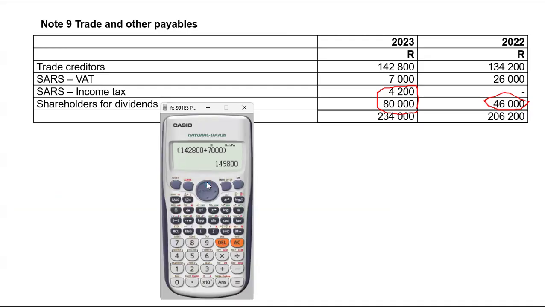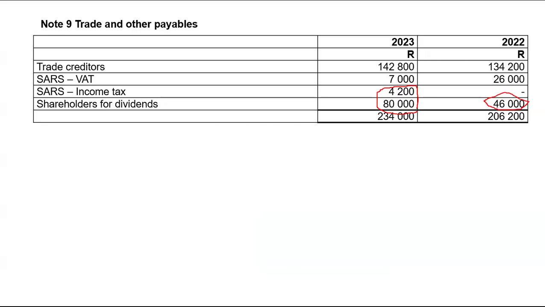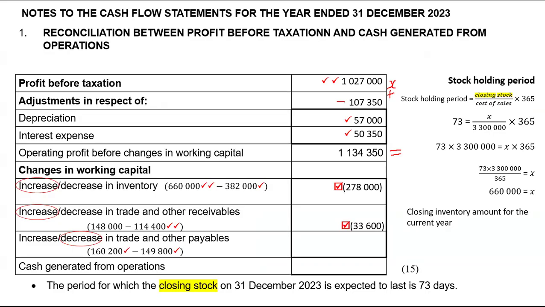So I took 142,800 plus 7,000. It gave me 149,800. That's good. And what is 132,200 plus 26,000? 134,000. Oh, I wrote 36,000 here. Okay, my bad. So basically it'll be this much, 160,200 minus 149,800. So what I typed here is actually correct. And it doesn't change, it'll give me a cash outflow of 10,400.